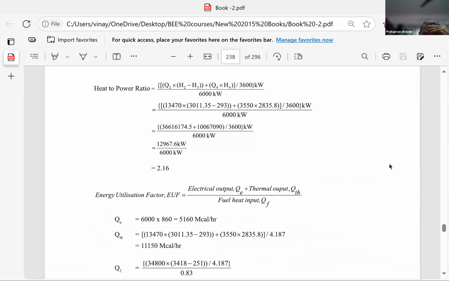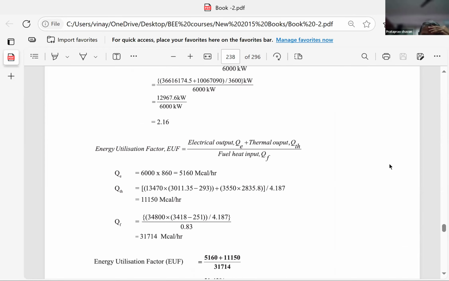The same, it's a solved question. Again, I will repeat my instructions. You go through this solved example, go through each step, which formula they have used, and then try to solve the same problem on a separate paper by closing the book.